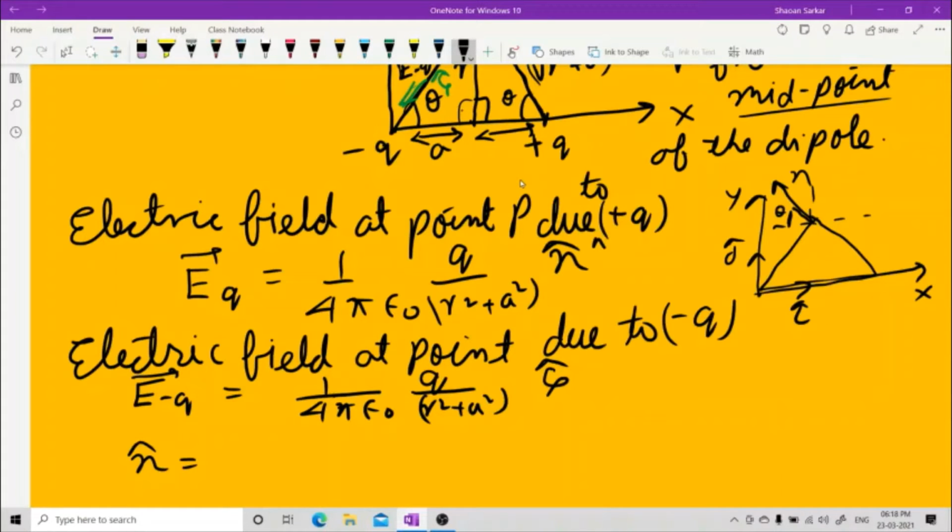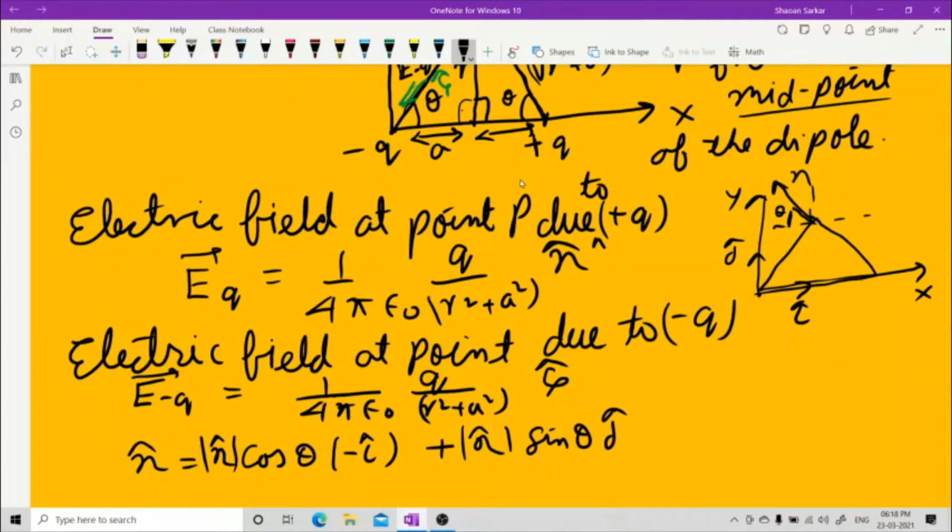Now the point is, eta is a unit vector. Remember this, eta is a unit vector. So eta can be written as eta mod cos theta in this direction, resolving along minus i cap, and plus eta mod sine theta j cap in this direction.